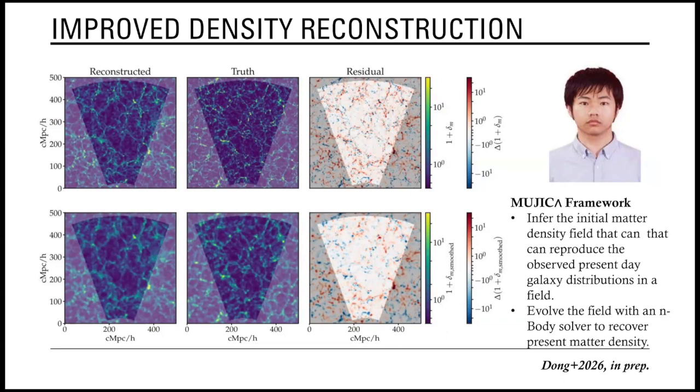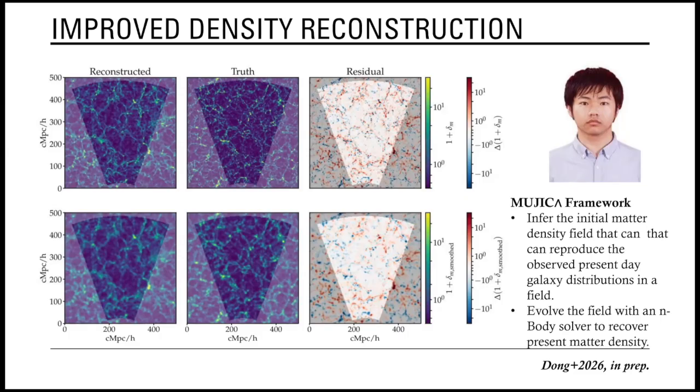The idea is that if you have an observation of a tracer, in this case the field of galaxies along the sightline, we should be able to use that to infer the dark matter density. The way this works is it first tries to infer the initial condition of the universe that could have led to this galaxy distribution, and then it evolves it consistently with a particle solver. So you have this lambda CDM infused into this method already.